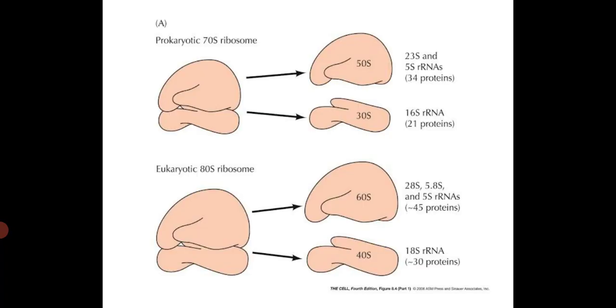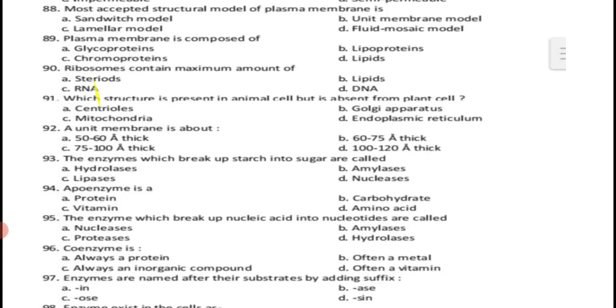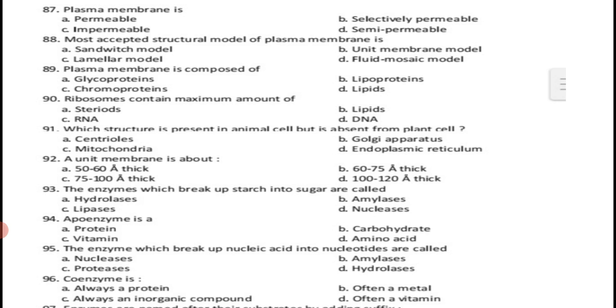Then moving to the next question, question number 87. Plasma membrane is. The plasma membrane is selectively permeable. It allows entry of selected ions and molecules into and outside the cell. It is a double membraned phospholipid bilayer.